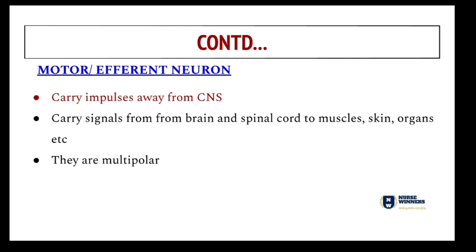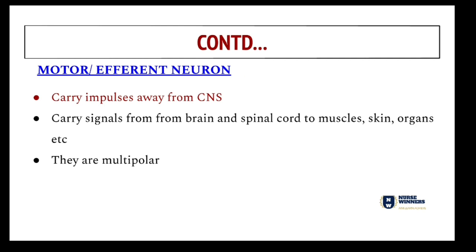The second type under functional classification is motor or efferent. First one was afferent, it means towards the central nervous system. Second is efferent. Efferent means away from the central nervous system. So what does it indicate?